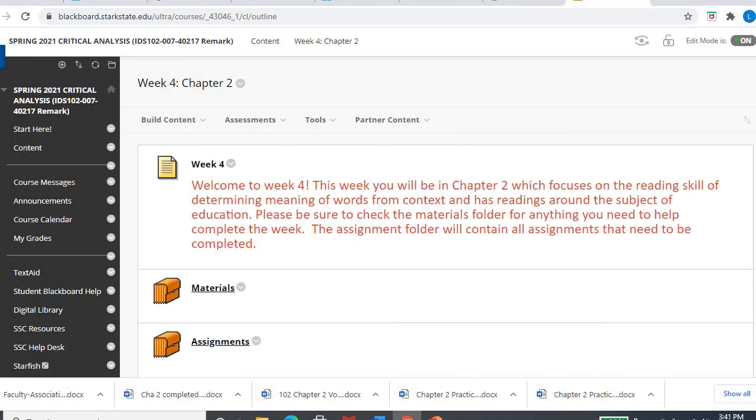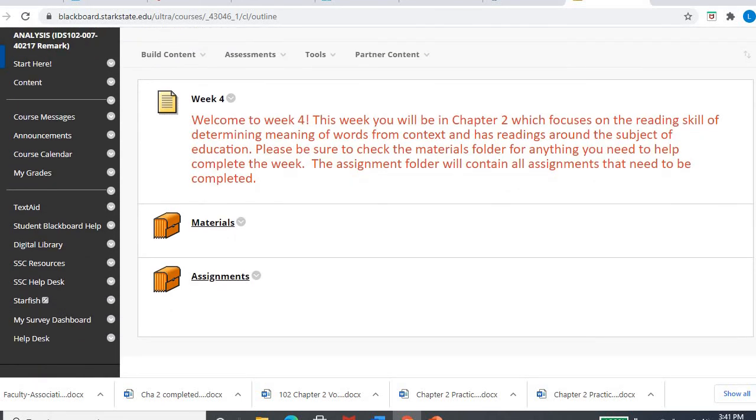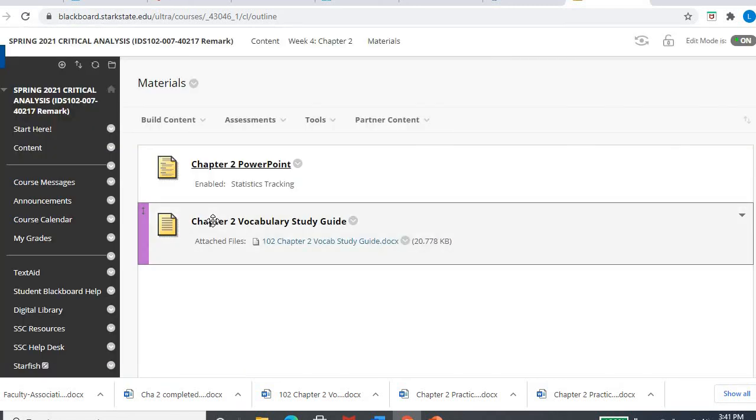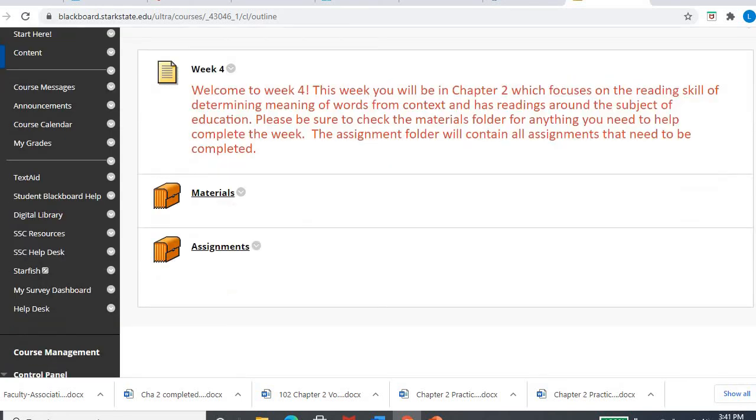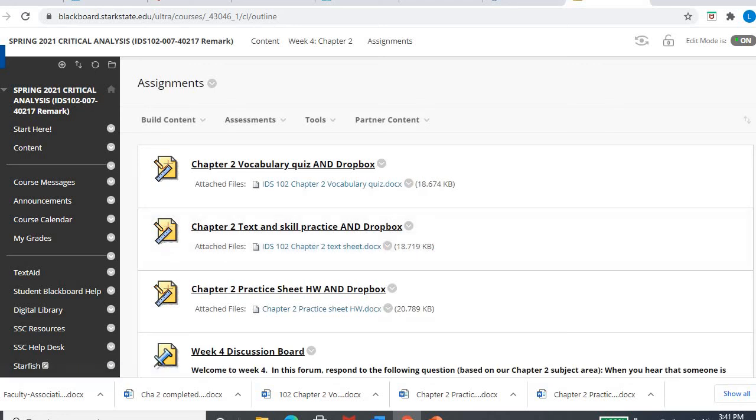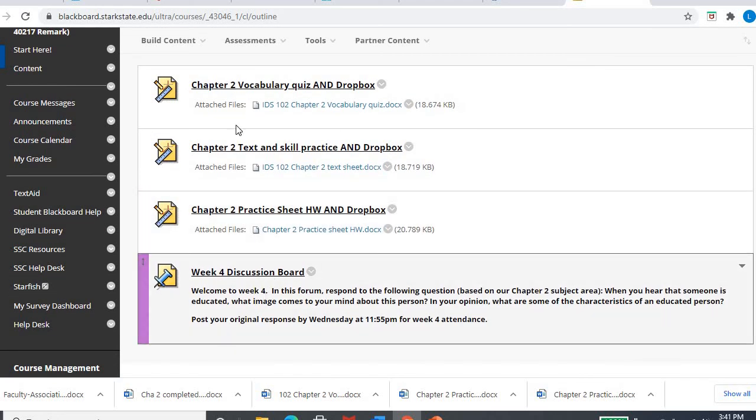This week, week 4, we're in chapter 2. It runs from February 8th through the 14th. Your materials: you'll need the PowerPoint, and the vocabulary study guide you will need in the next video. You are turning in this week, and I'm going to work backwards. Your discussion board is due Wednesday the 10th for week 4 attendance. It's based on a question in your text.